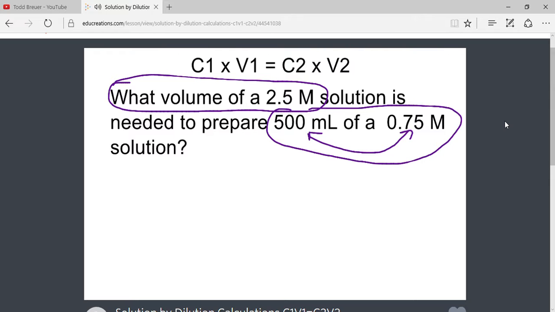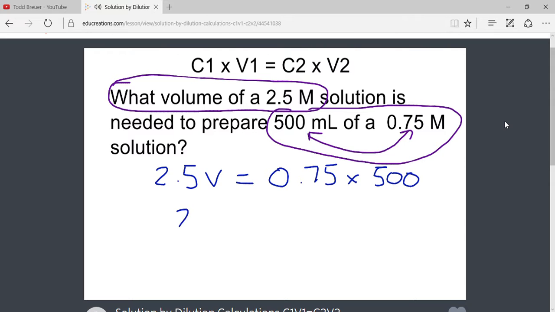Setting up the formula, we know the concentration of the stock solution is 2.5 molar. What we do not know is what volume we would need to prepare the new solution concentration, C2 of 0.75, with a total volume of 500 milliliters. Setting up the equation, 2.5V equals 0.75 times 500. Beginning to solve for V, we would multiply 0.75 times 500 and arrive at 375.